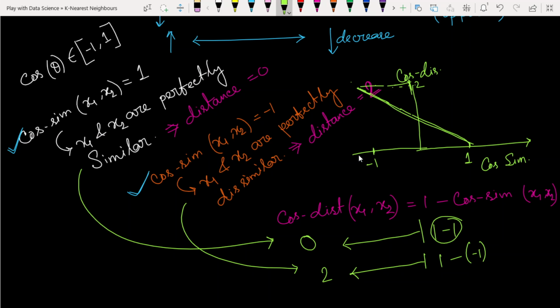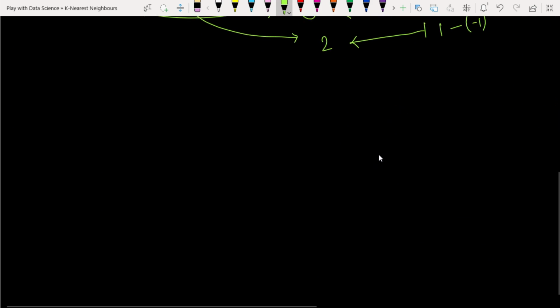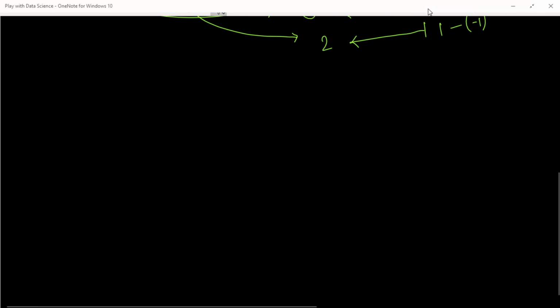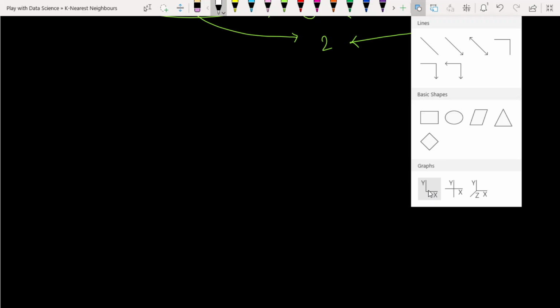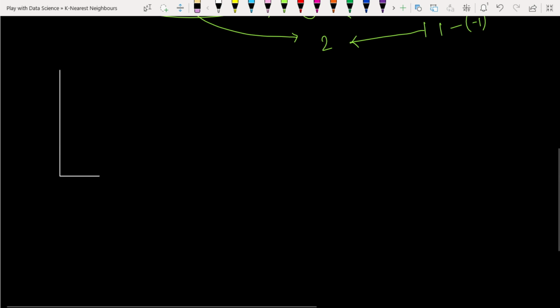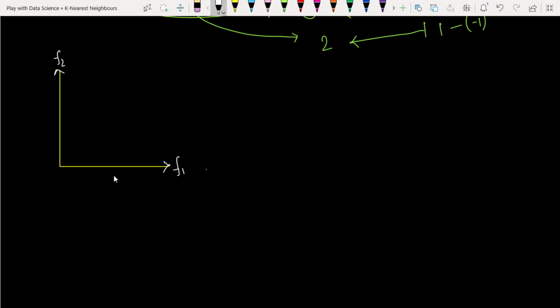Now let's apply the cosine similarity and distance geometrically. Suppose let's draw the picture first. Let's take this as our feature 1. We construct a two dimensional vector. Here is one vector, the x1 vector, and here is our another vector, that is x2.